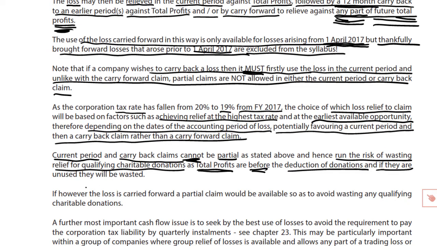And if those donations are therefore unused, then they will be wasted. Clearly, that is inefficient use of our loss, using a loss to take out profit that would have been covered by those donations anyway, and those donations now lapse, they are lost. However, if a loss is carried forward, then under these new rules, effective from 1st of April 17, a partial claim would be available, therefore allowing you to avoid wasting any such qualifying charitable donations, as we spoke of a moment ago.